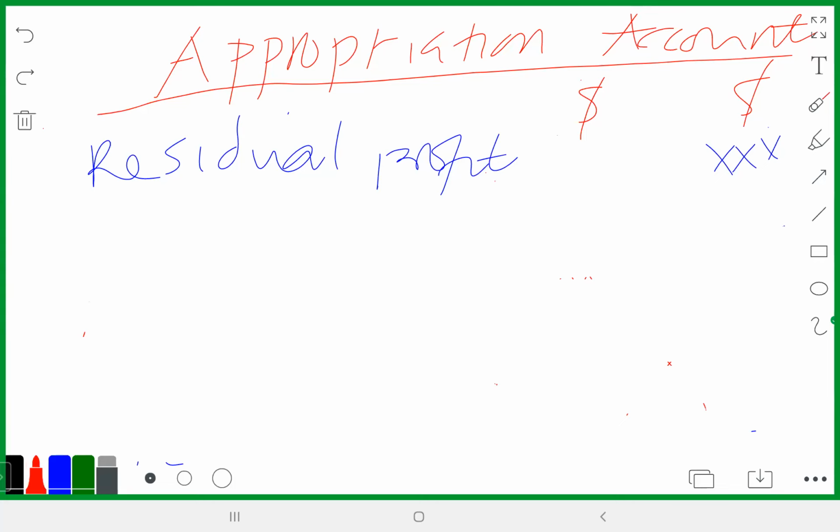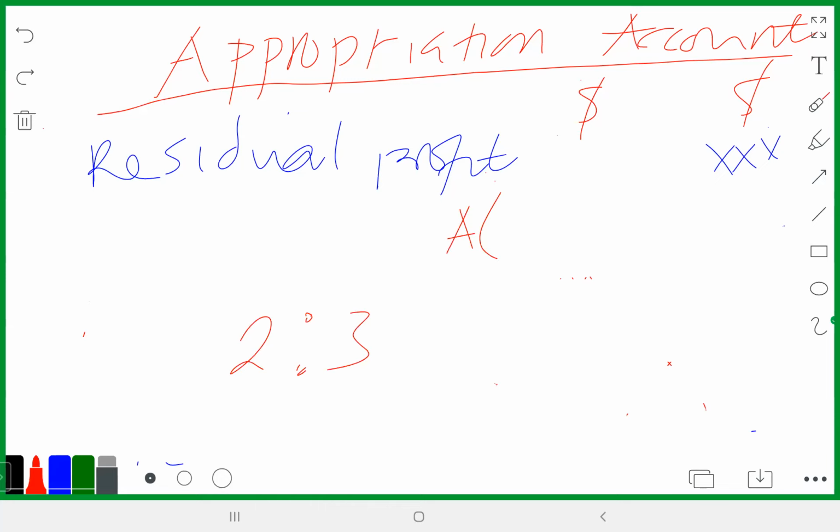So we have partner A, right? Let's say, how were they sharing the profit? They were sharing the profit maybe in the ratio of 2 to 3. The statement will give us the information on how they are sharing the profit, okay?